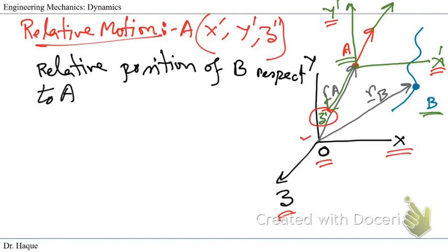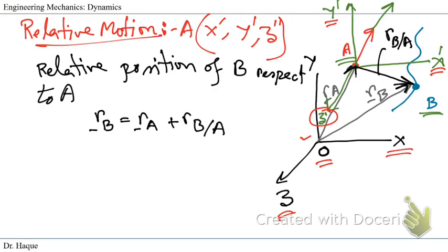That is defined by the relative position vector, RB/A, the position of B with respect to A. And from the vector formula, RB can be defined as RA plus RB/A.